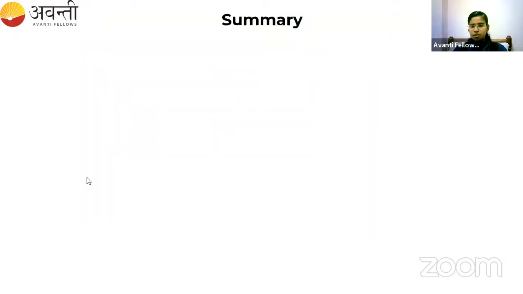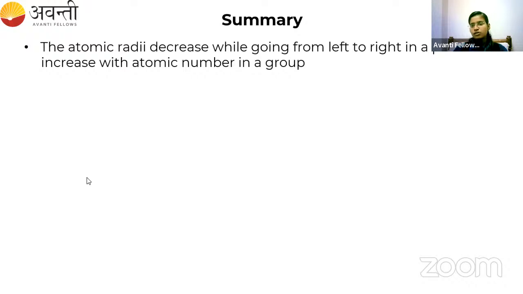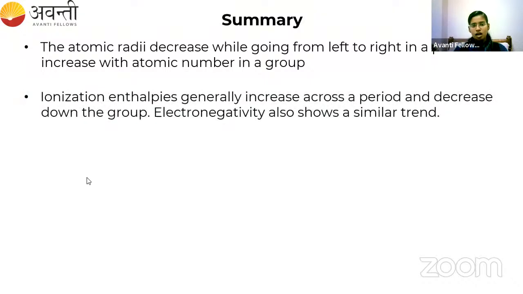So now let me summarize the physical properties. So first physical property was atomic radii. And while going from left to right, it decreases. And if I go from top to bottom in a group, it increases. And when I talk about ionization enthalpy, it is just the opposite of atomic radius, which increases across the period and decreases on moving down the group.